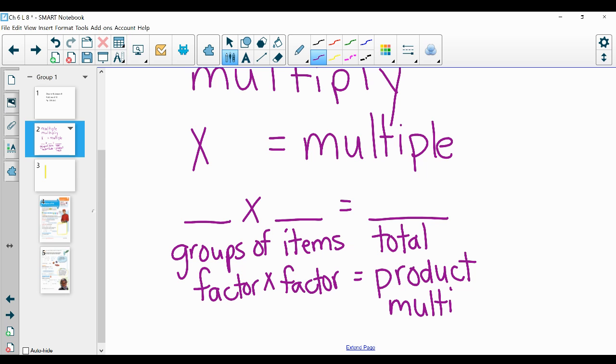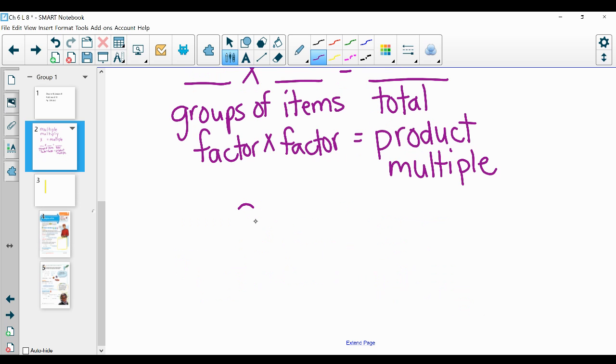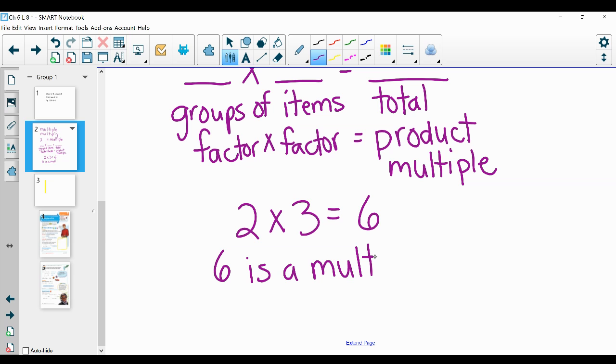So let me give you an example. 2 times 3 equals 6. So you can say 6 is a multiple of 2 because you multiply 2 by a number and you get 6.